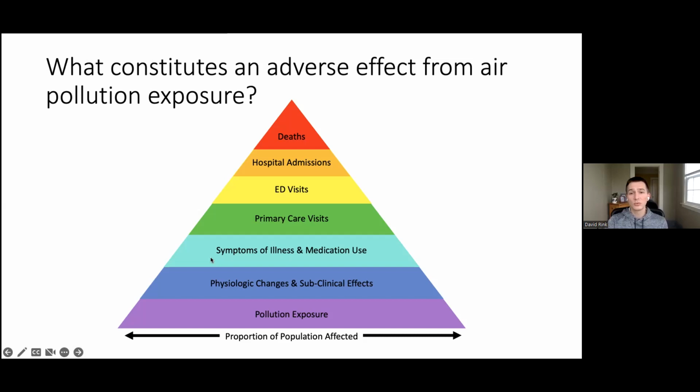In general, we see that smaller subsets of people go from exposure to physiologic changes, to presentation to healthcare, to death. And it's sort of hard to quantify air pollution as a true proximal event because of this. That said, it remains a really important risk factor to consider.